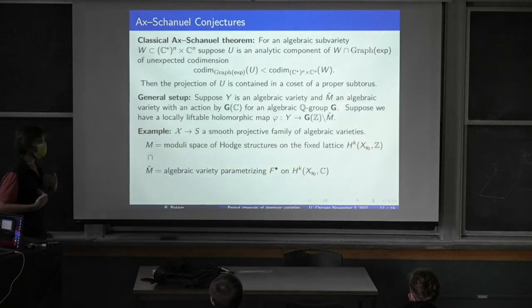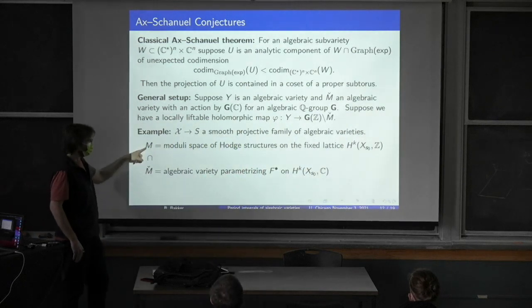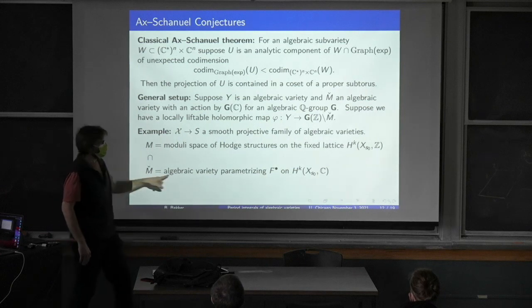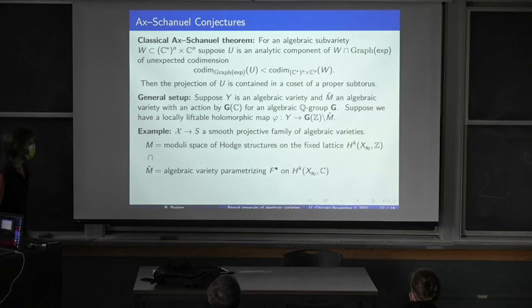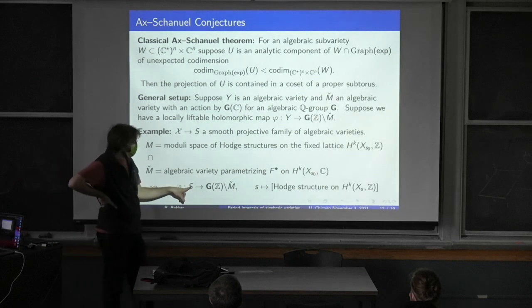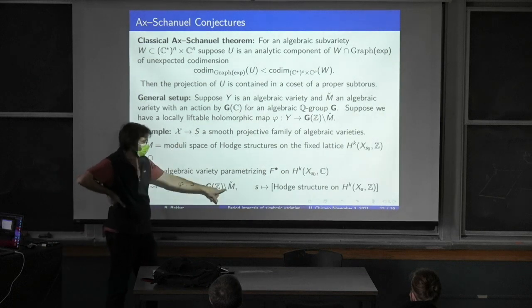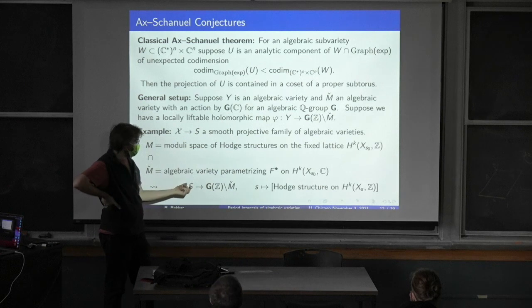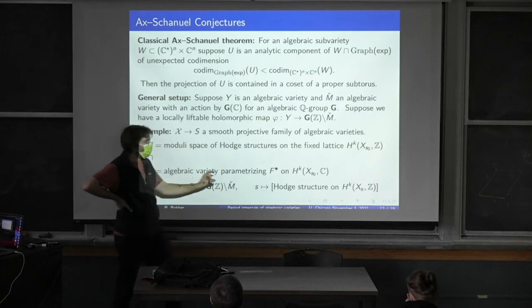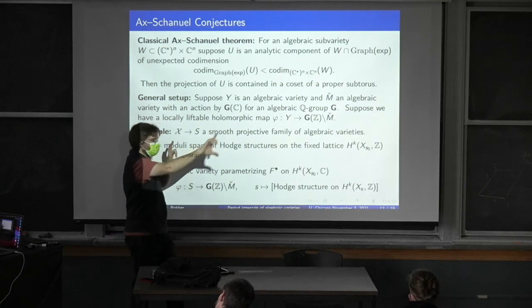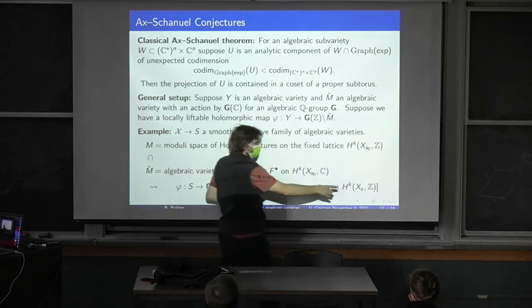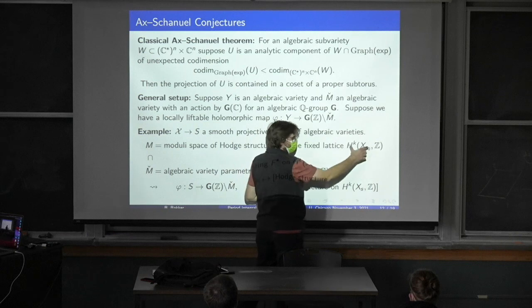Okay, so we already saw that this sits inside as a semi-algebraic open set, because the Hodge filtration determines the Hodge structure here. We know that we can then form a holomorphic map from the base of this family into this quotient, because up to monodromy, I can associate to any point a Hodge structure on this fixed lattice by choosing some path to parallel translate along to identify the cohomology group above the point S with the fixed base.